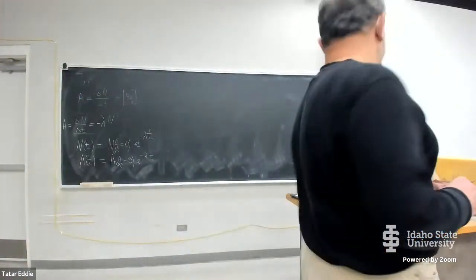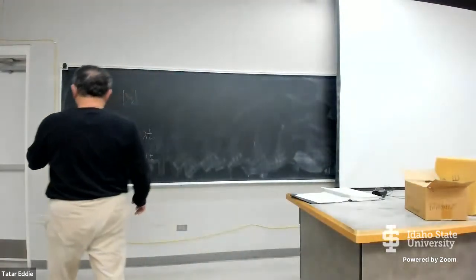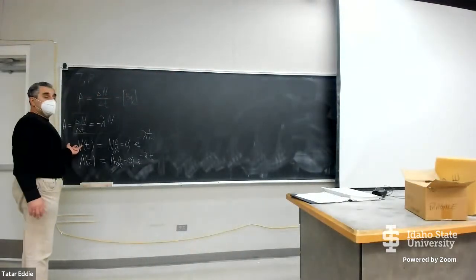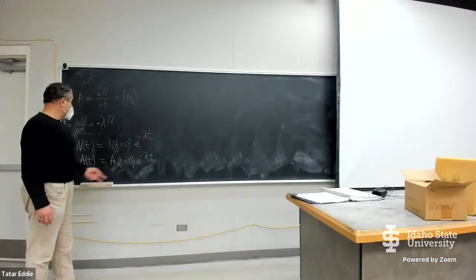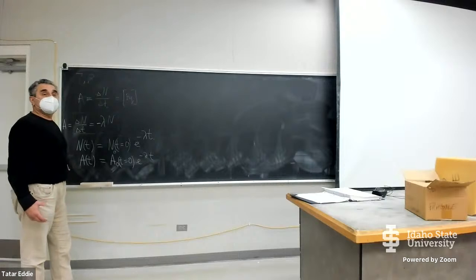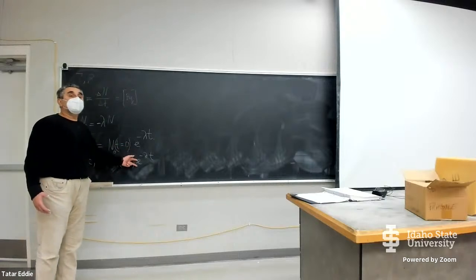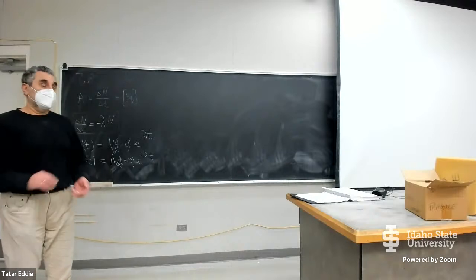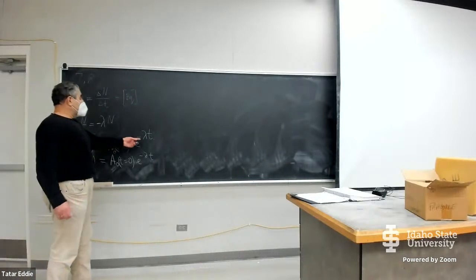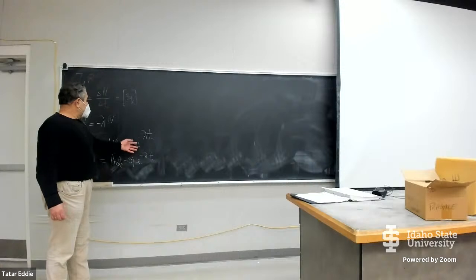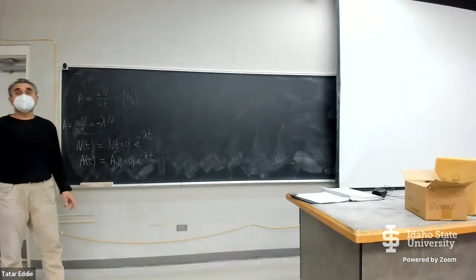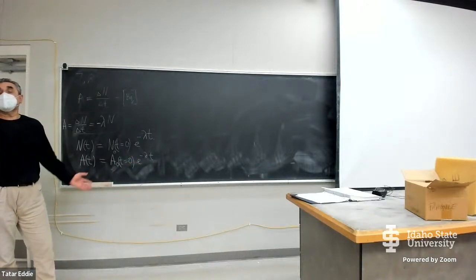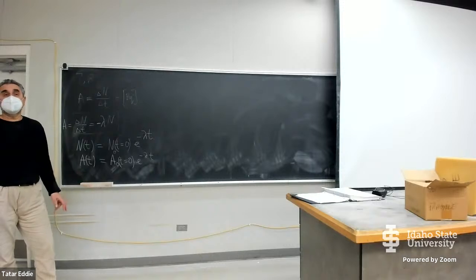So just like the number of radioactive nuclei drops exponentially with time, the activity of any sample of radioactive material also exponentially drops. Here, from this expression, it is clear that the decay constant has to be measured in inverse time, inverse seconds or inverse other time units.